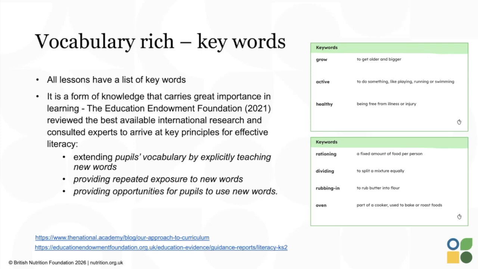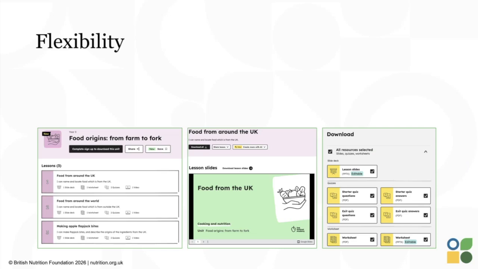So it's really important about extending that vocabulary, introducing new vocabulary, that repeated exposure to new words as well, and those opportunities to use new words that I'm sure your pupils would want to use. You can just see some of the examples here on the right-hand side. The other key one was that flexibility. So this is all built in to support your teaching and learning.